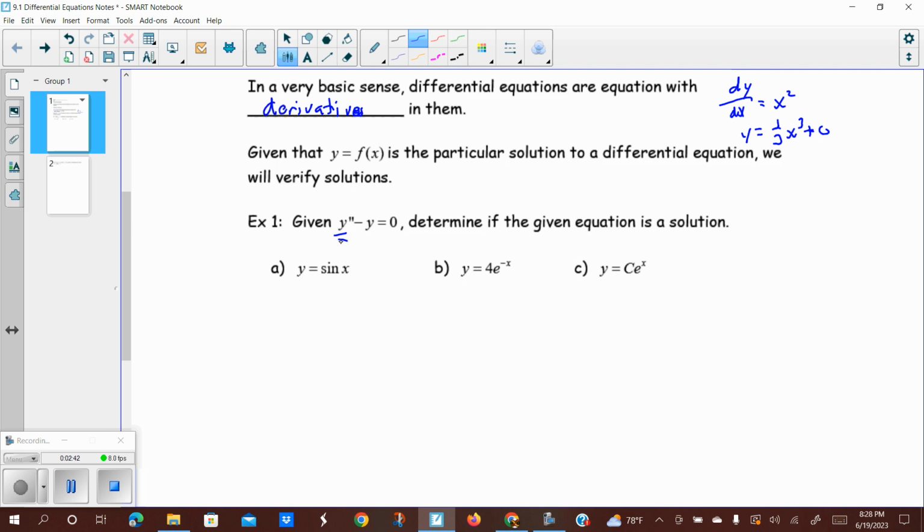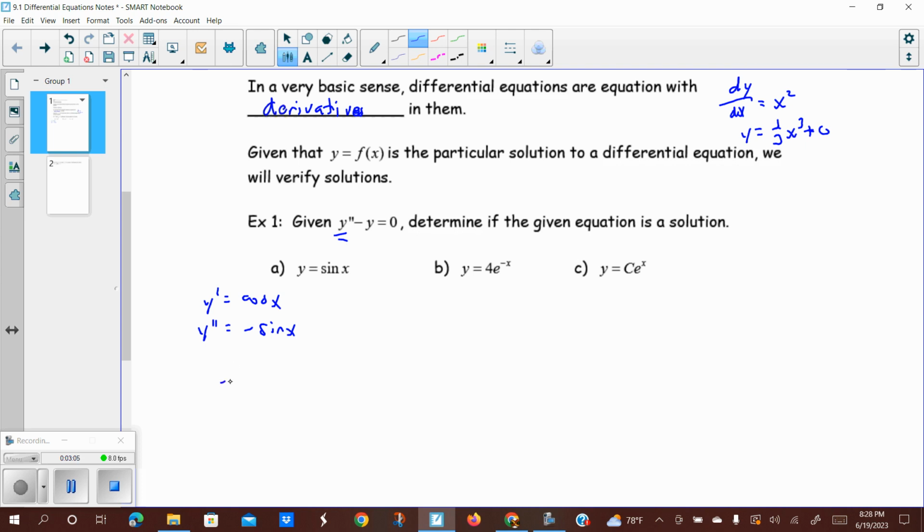Given that y equals sine of x in letter A here, we need the first derivative, which of course is cosine of x, and we need the second derivative, y double prime, which is the negative of sine of x. So we're going to go ahead and substitute negative sine of x into y double prime in the equation.